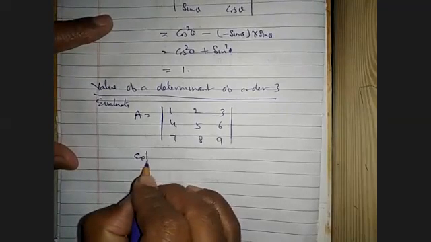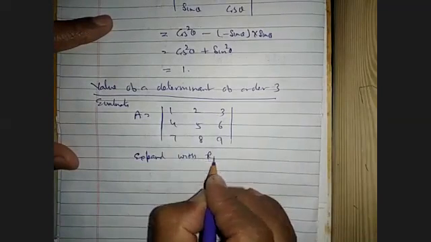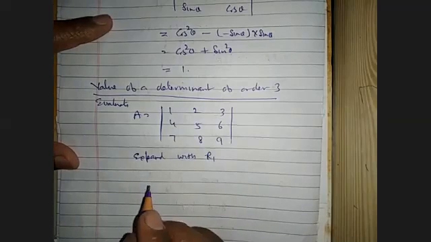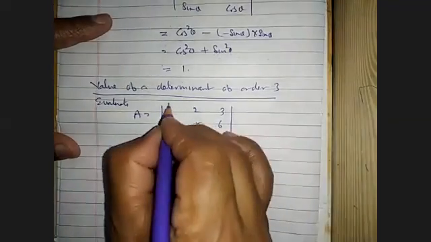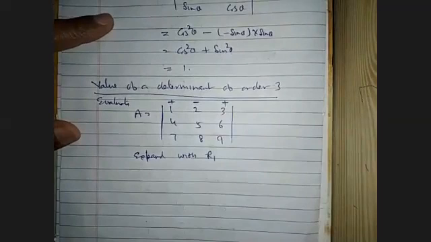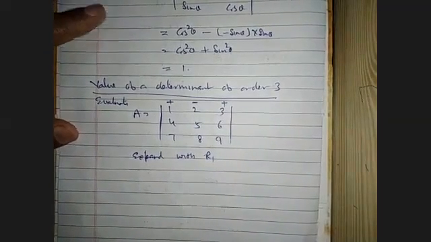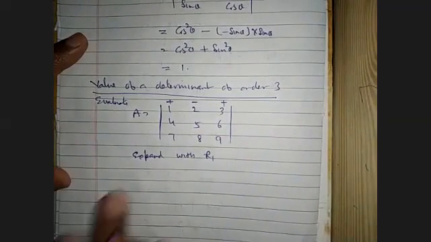I will write it here. Expand with R1. First you put the signs on the first row: this is plus, minus, and this is plus. Why does plus, minus, plus come? We will clear this later. It will expand with R1.